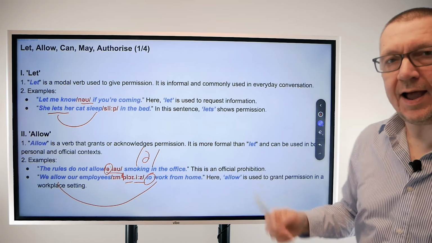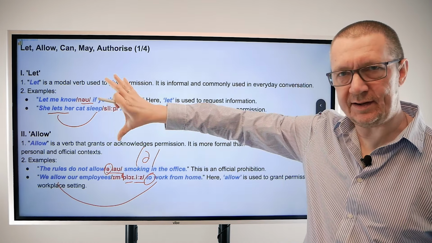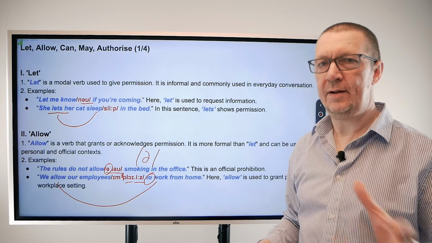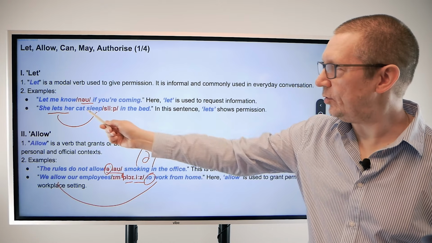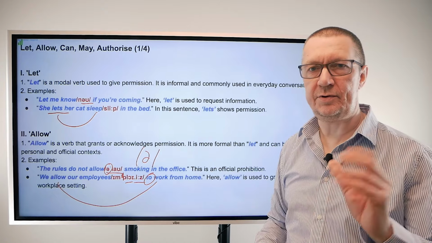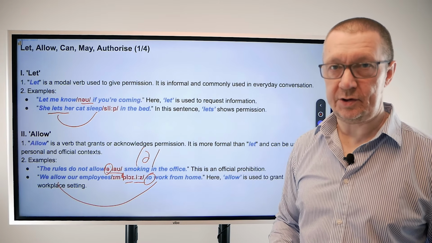Here allow is the permission, so it's all about giving permission. These are quite related, but just remember that one is more formal, and let is less formal. It's all about this infinitive verb. Do you use the to or not? With allow you use to, and with let you don't.